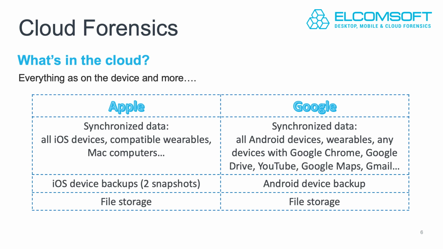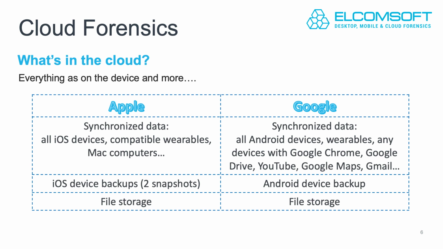What is in the cloud that we can get? Almost everything that is stored on the device, including the internet activities, call logs, SMS, messages, internet browsing histories, photos, videos, location histories, and even more than that. Apple iCloud allows creating the complete device backup, there is nothing comparable with it among other platforms.